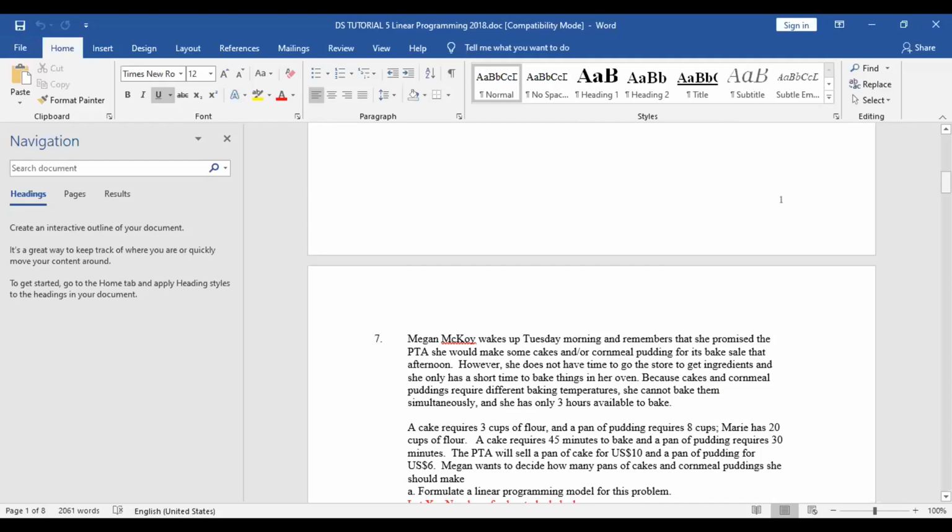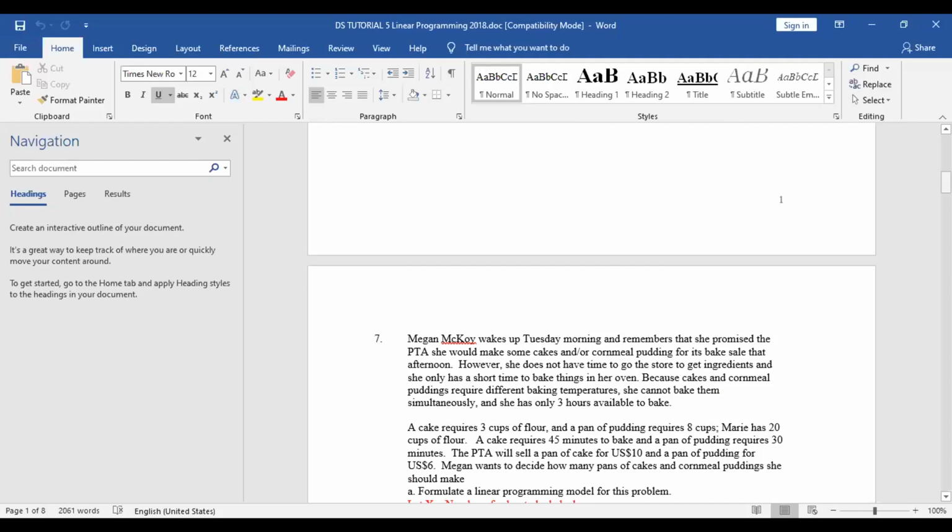It says Megan McCoy wakes up on Tuesday morning and remembers that she promised the PTA she would bake some cake or cornmeal pudding for the bake sale. However, she doesn't have time to go to the store to get the ingredients and only a short time to bake things in her oven. You notice that sentence?